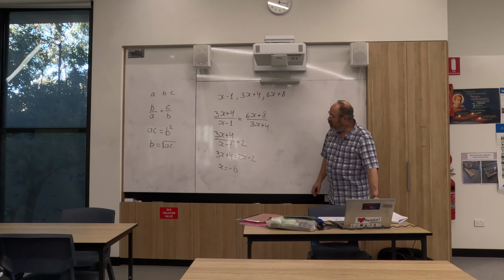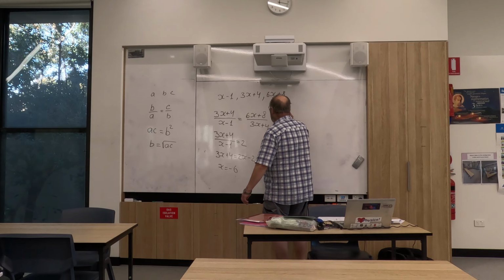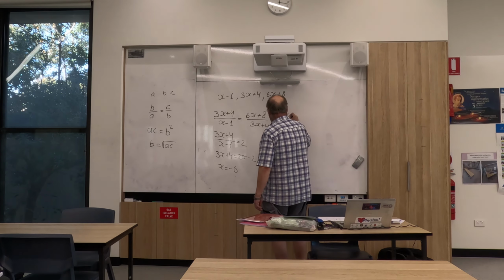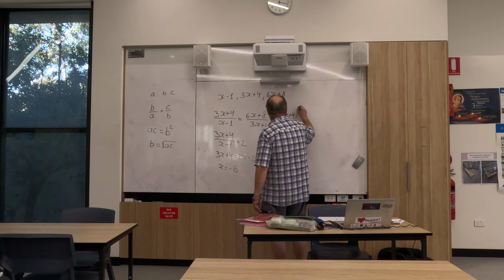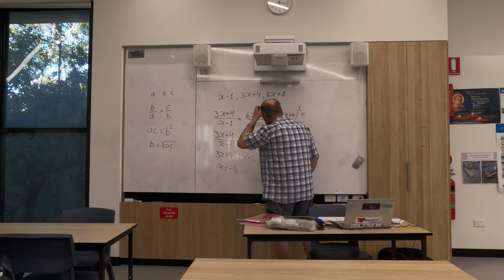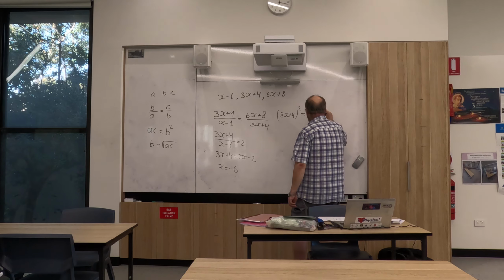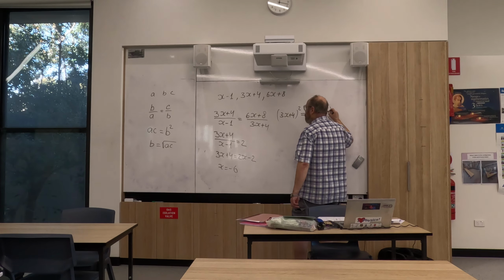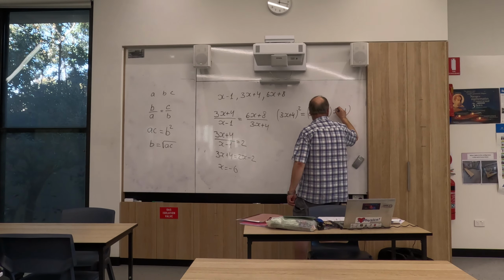Okay, let's see. I got 3x plus 4 squared equals 6x plus 8 times x minus 1.